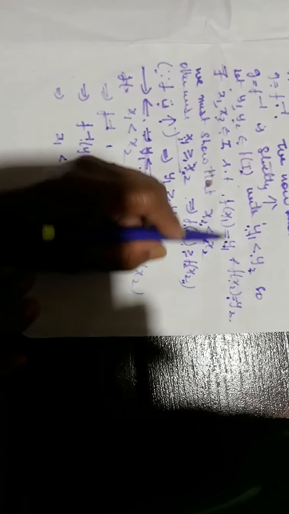What is f inverse of y1? You apply f inverse on both sides: f inverse composite f gives the identity function, and the identity function of x always gives x. So we have x1 less than x2. Or we can stop here: y1 less than y2 implies f inverse of y1 is less than f inverse of y2, which implies that f inverse is strictly increasing.